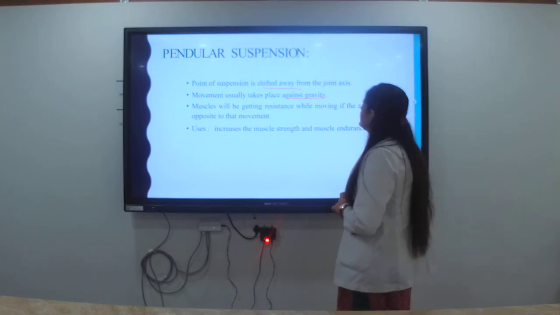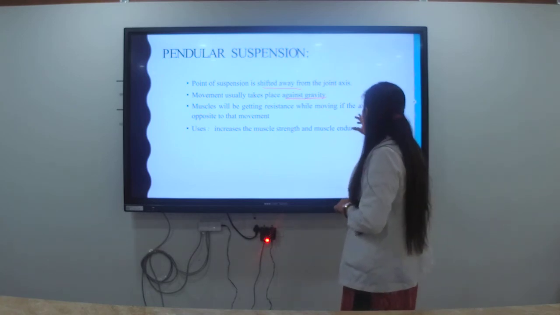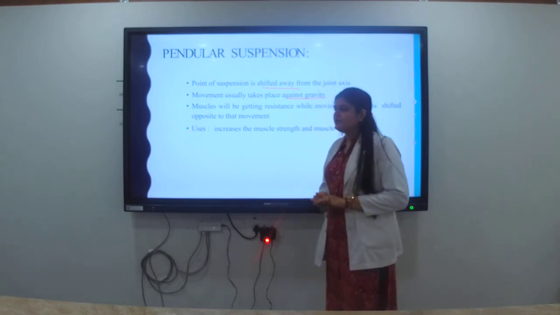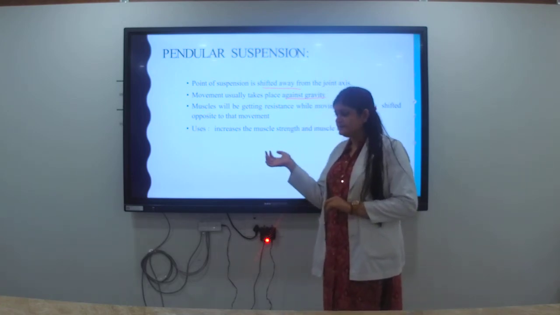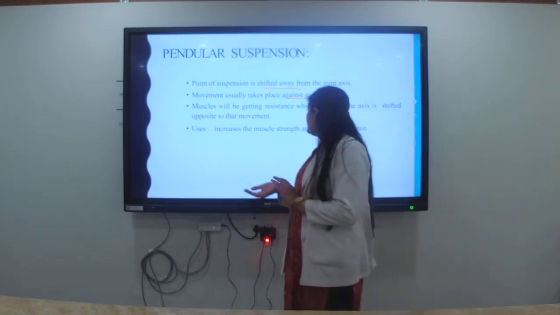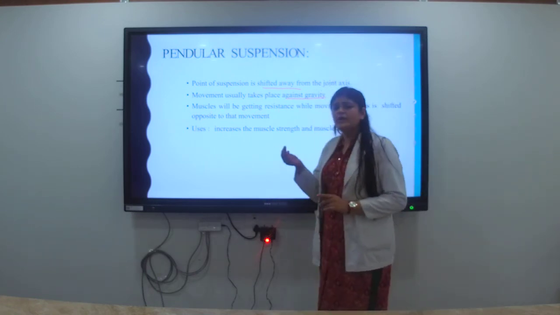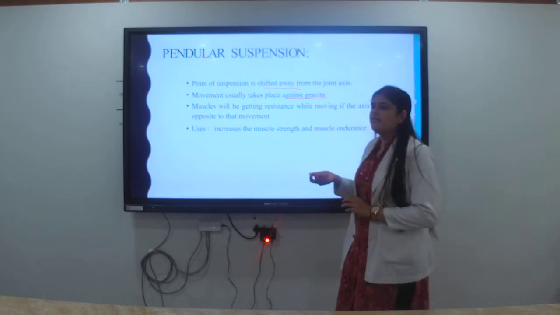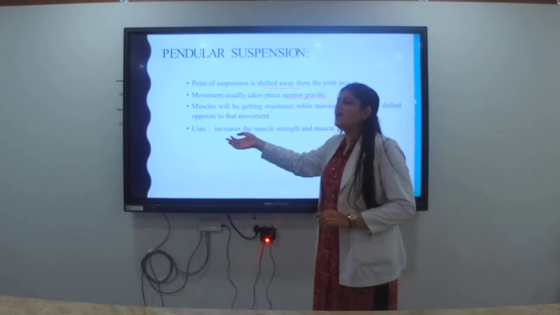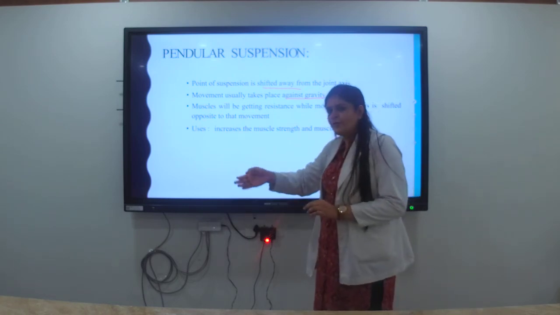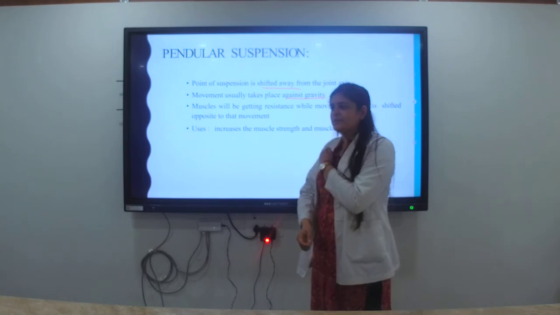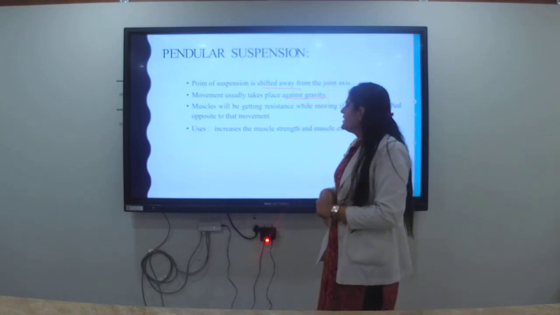Muscles will be getting resistance while moving if the axis is shifted opposite to the movement. So slightly shifting opposite to the movement will give an added resistance to that movement, and we can use it for strengthening of the muscle and for improving the endurance. If the joint axis is shifted slightly away, that limb will have to use more force or more work for doing the movement as compared to when the axis is right above the joint.